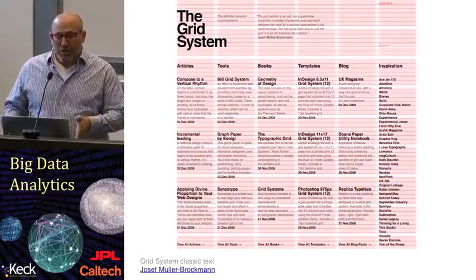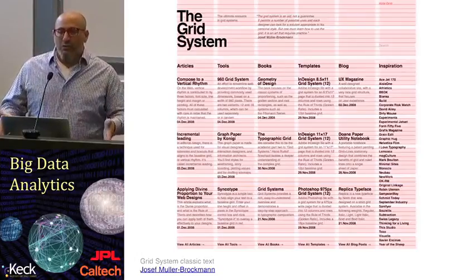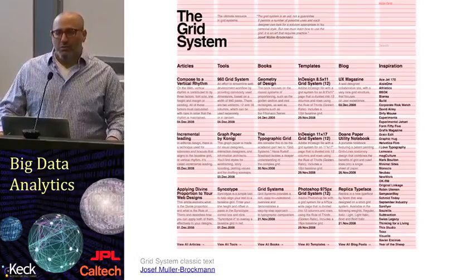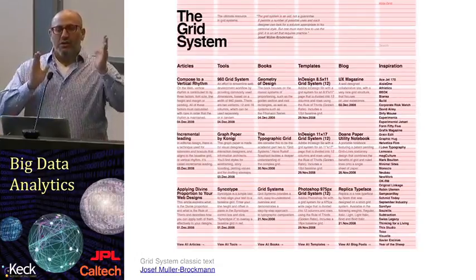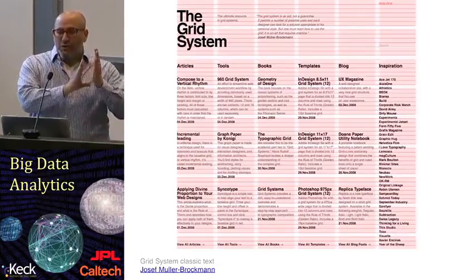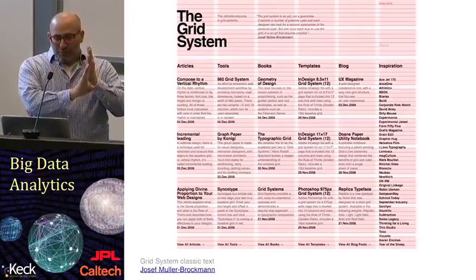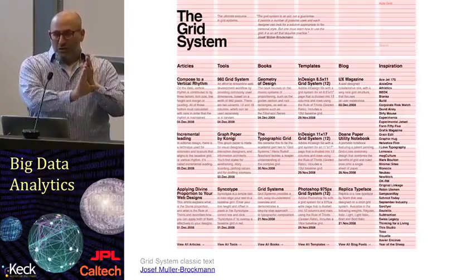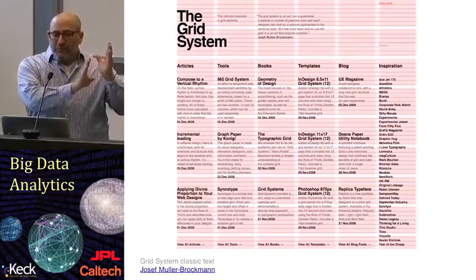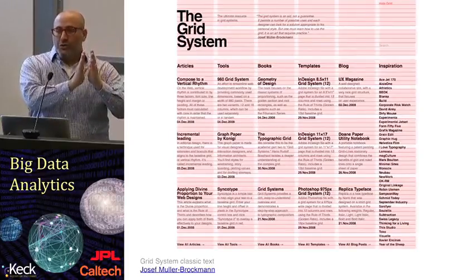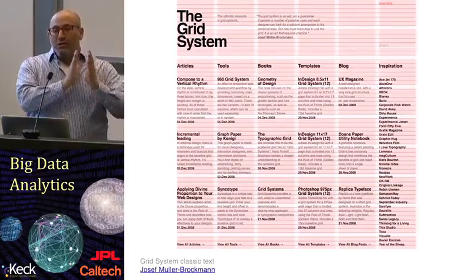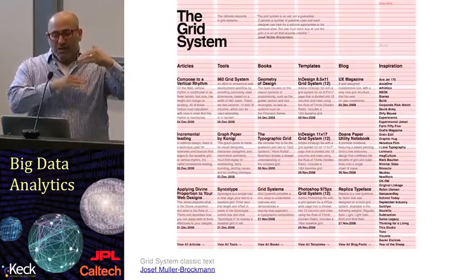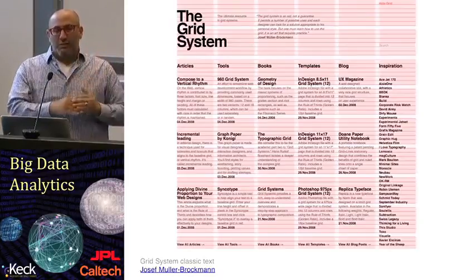The information is organized into columns. Each column is left justified to each of the different grids. The margins between the grids are all the same size, and the line height is the same size.